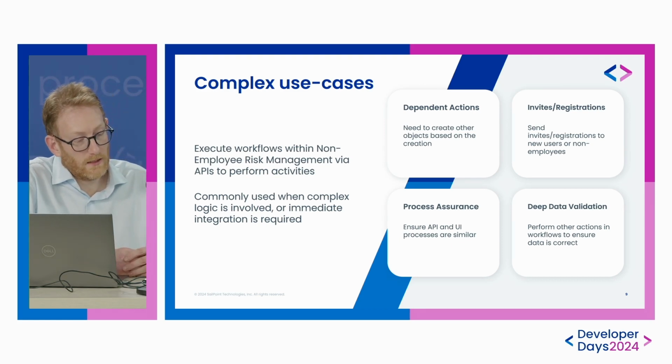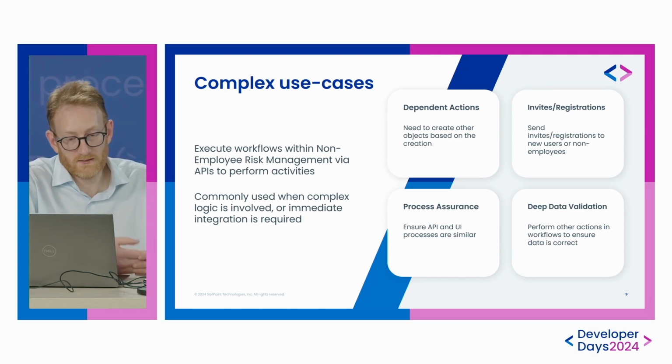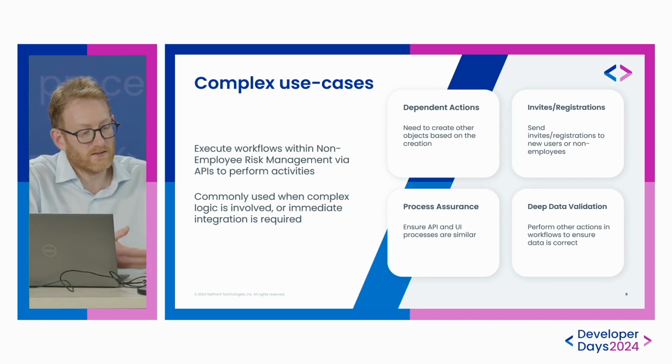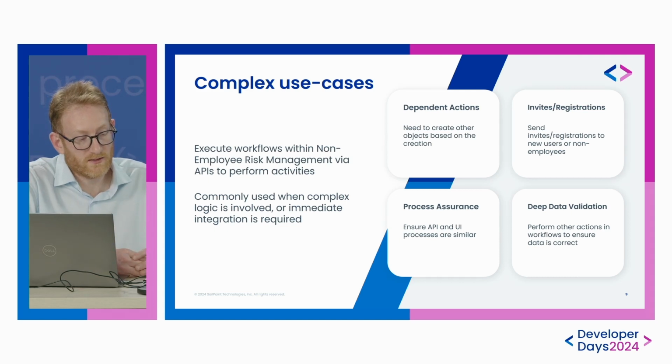And finally, you can also rely on workflows to do some deep data validation. By that I mean that you can, for instance, make some duplicate checks. You can also make some lookups to ensure that the data actually exists. For instance, instead of mentioning the ID of an existing cost center, you can perhaps provide only the cost center name or the cost center code, and the workflow will take the burden of looking up the cost center based on its code or its name.